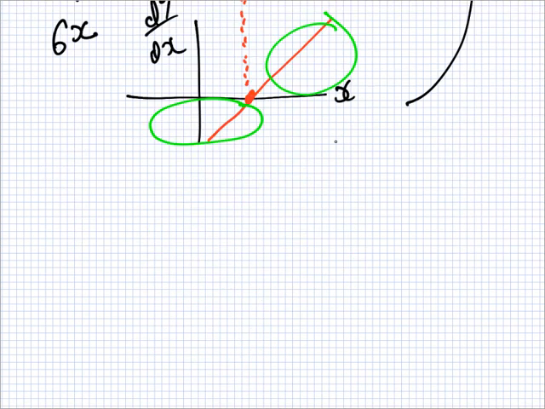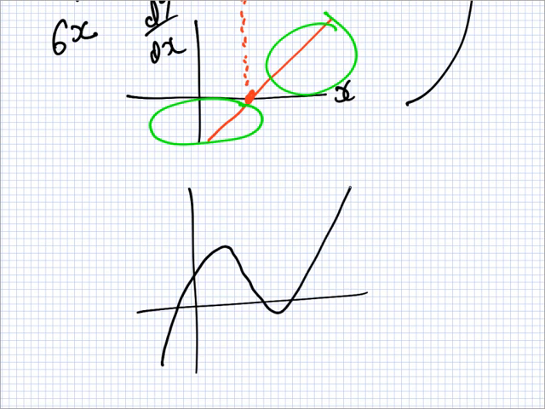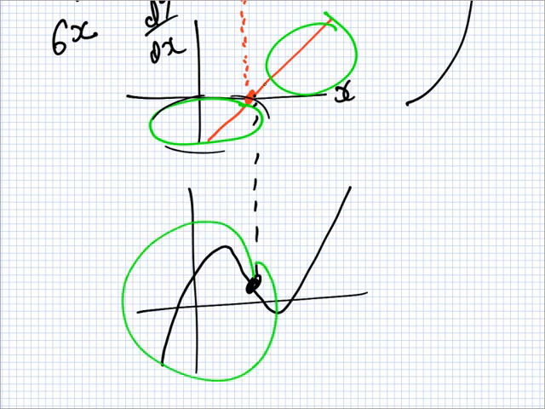Let me draw the graph underneath this one. So, it's something like this, we'll just say. And this point, we'll say, is here. And this region, where the second derivative is negative, corresponds to this. And this region, where the second derivative is positive, corresponds to this. So what's the difference here in the two shapes?